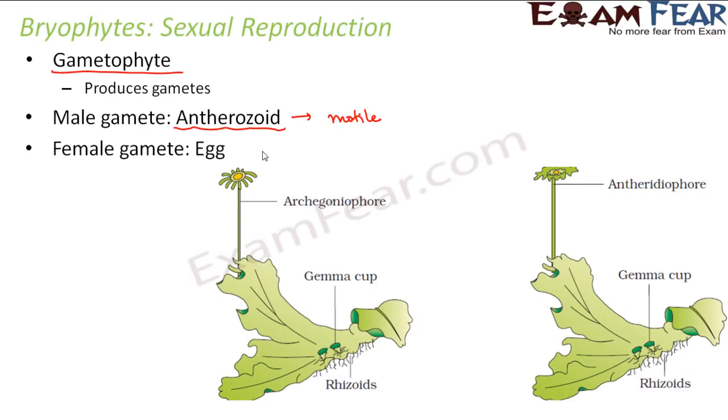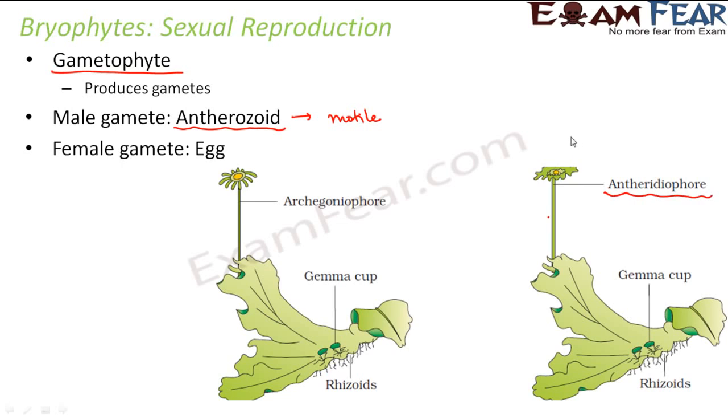That part of the plant which produces gametes is known as gametophyte. The part which produces the male gamete or the antherozoid is known as male gametophyte, and the part which produces the female gamete is known as female gametophyte. Here you can see both of them. This is the antheridiophore.